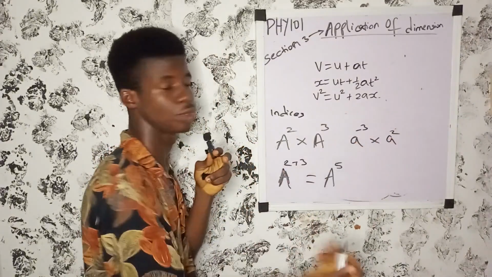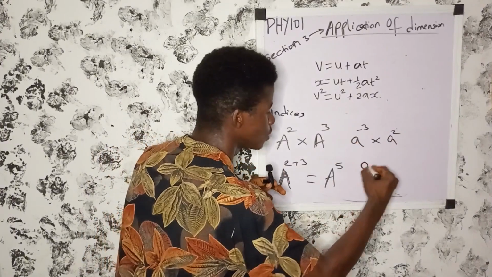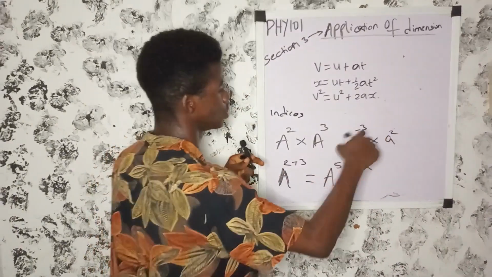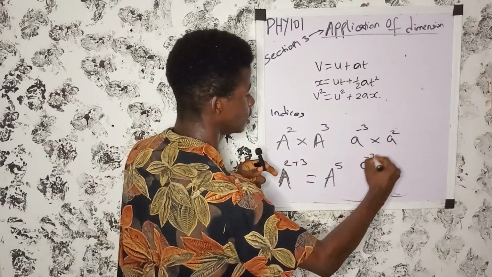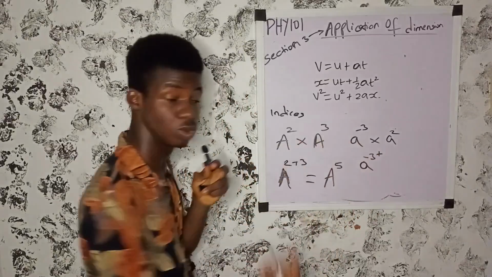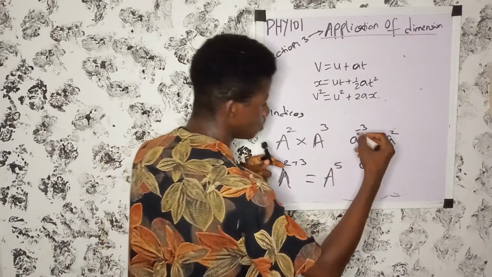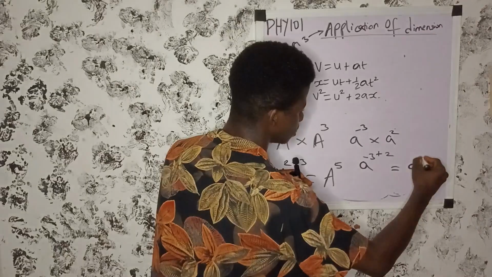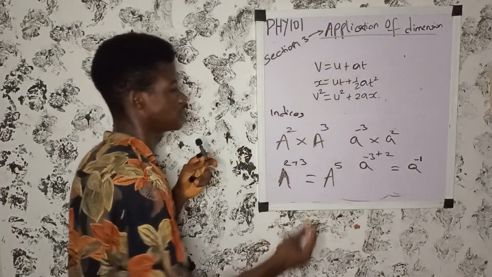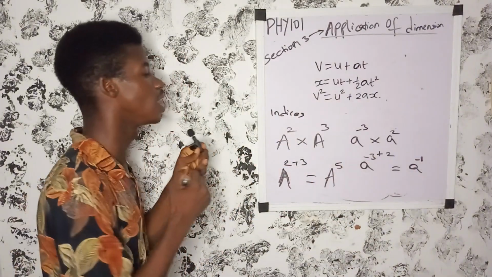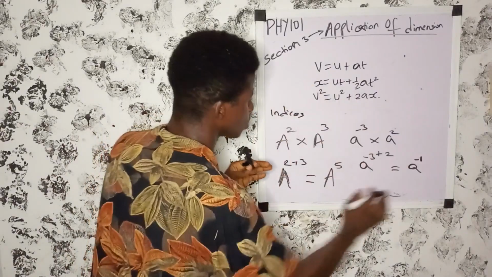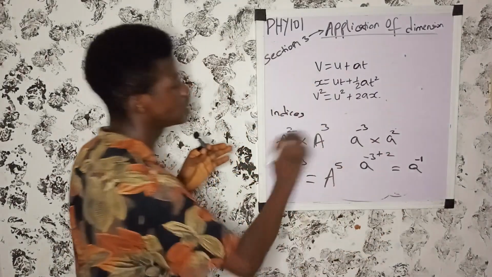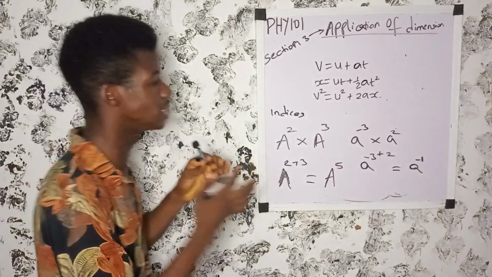Since these two bases are equal, you just need to bring out one of the bases, then you add their powers. Minus 3 plus 2, we have a raised to power minus 1. Yes, minus 3 plus 2 is minus 1. So this is another law in indices.